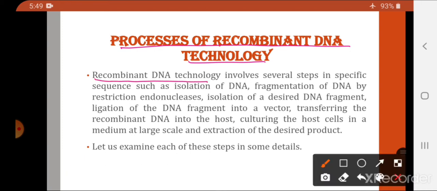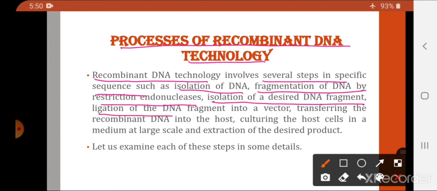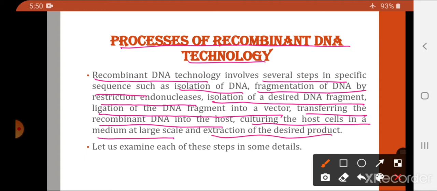Recombinant DNA technology involves several steps in a specific sequence, such as isolation of DNA, fragmentation of the DNA by restriction endonucleases, isolation of the desired DNA fragment, ligation of the fragment into the vector, transferring the recombinant DNA into the host, culturing the host in a medium at a large scale, and extraction of the desired products. Very, very important, students. These are the basic steps of recombinant DNA technology.